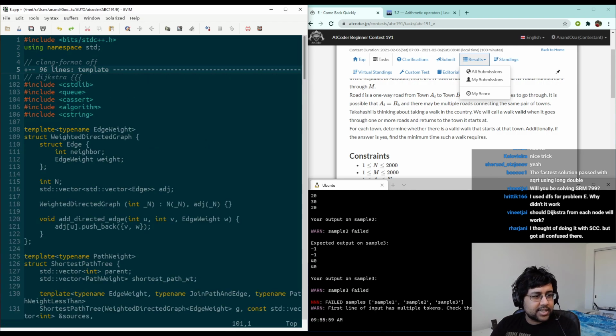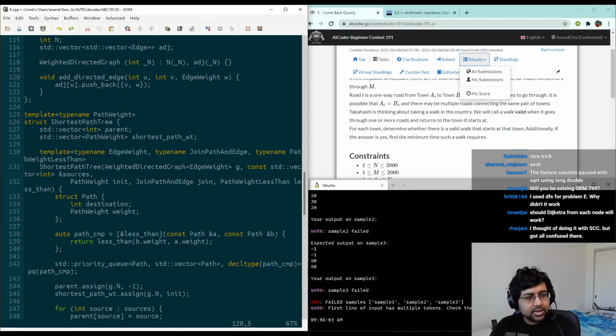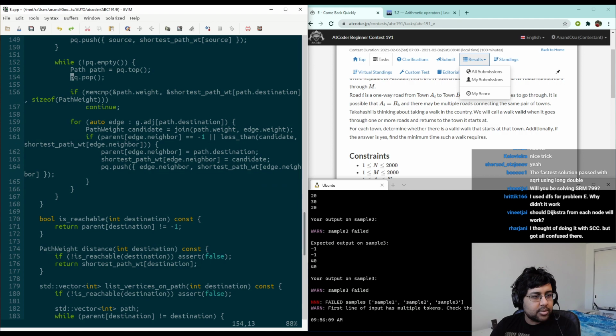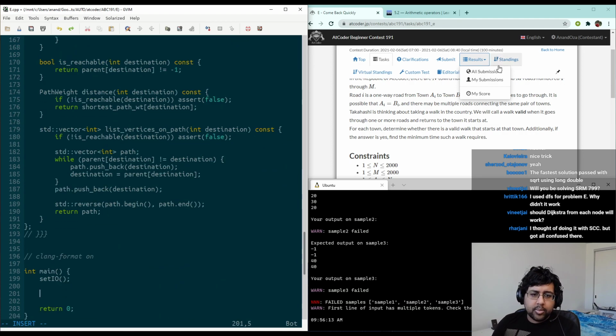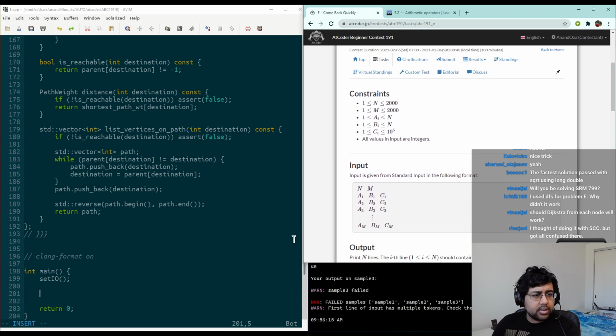Then I have this nice Dijkstra template, courtesy of Socket, so let's see how to use it. I haven't used it before, but I remember it's a bit complicated. But yeah, alright, cool. So let's read the input.